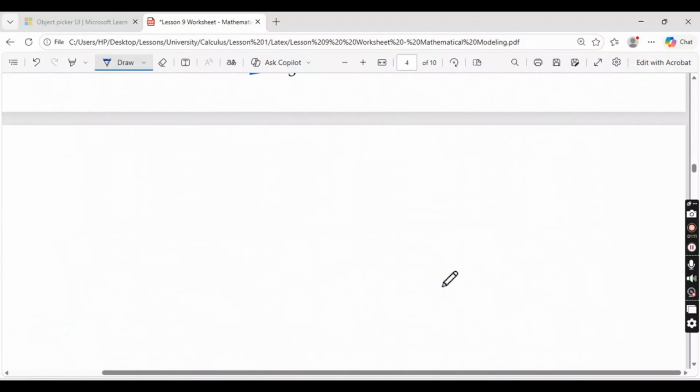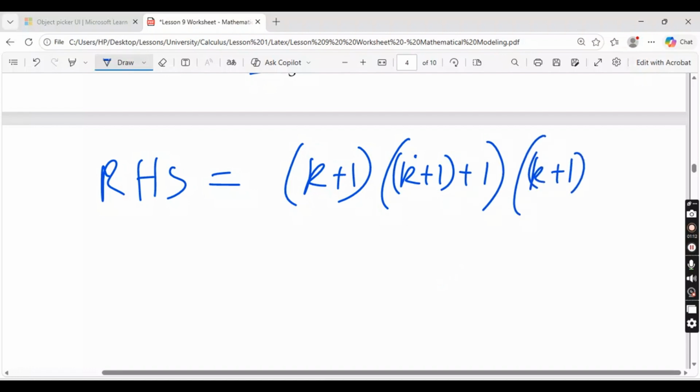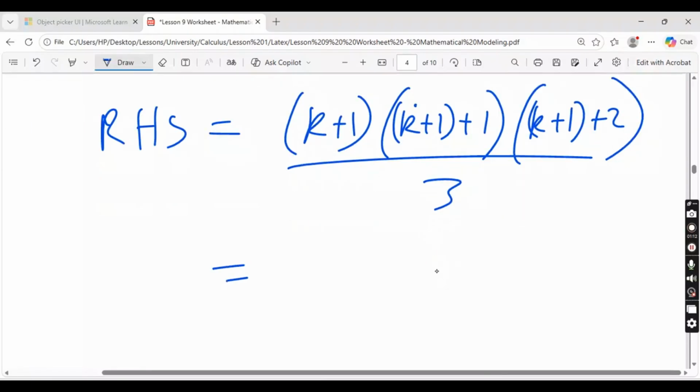Okay, so let's try to add that down. Right hand side is equal to k plus 1 in brackets, k plus 1 plus 1 in brackets, k plus 1 plus 2 in brackets, over 3.